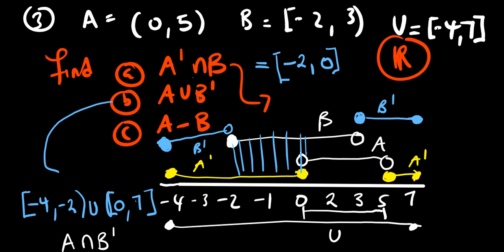You're trying to find what is common between A and B complement, and we found B complement. Our B complement is what is in blue. So what will be the intersection between these two? So it will be that region.